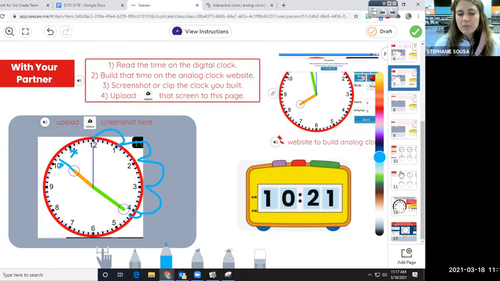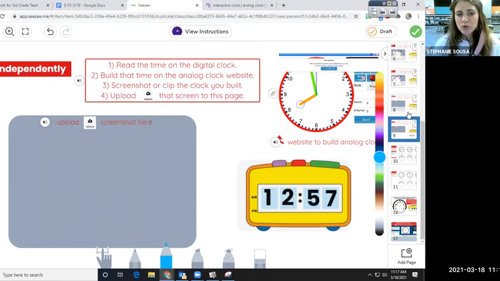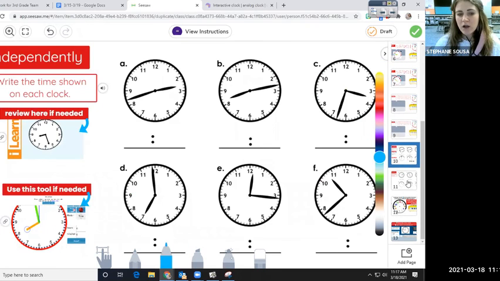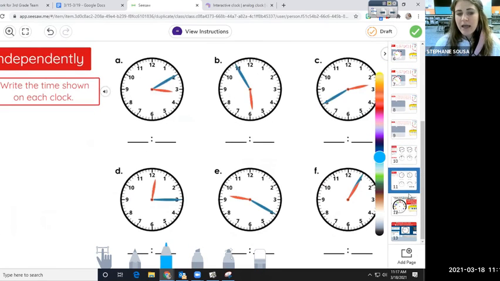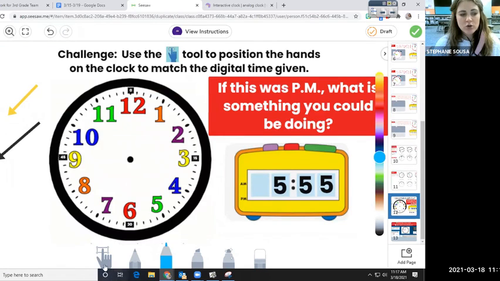All right, for your independent work time, you are asked on slides 8 and 9 to create a clock displaying the time on the digital clock, and also to read an analog clock on slides 10 and 11. On slide 12, I am asking you to grab these hands and move them onto the clock to display the time shown.